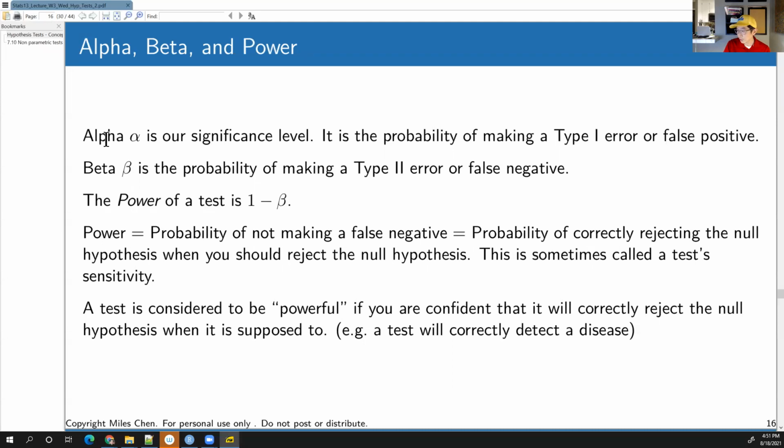So we talked about alpha being the significance level, alpha being the probability of making a type 1 error or a false positive. And the probability of committing a type 2 error is denoted by the symbol beta. Beta is the probability of making a type 2 error, okay?